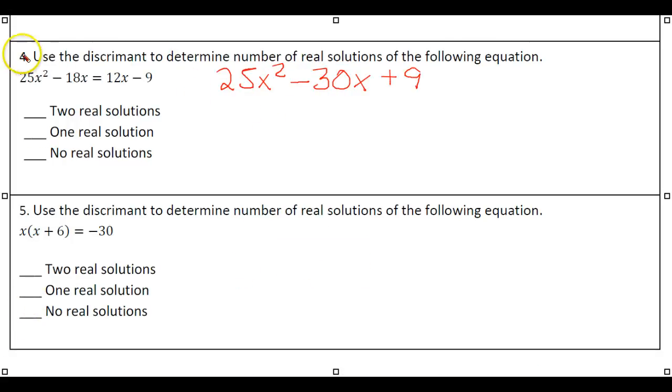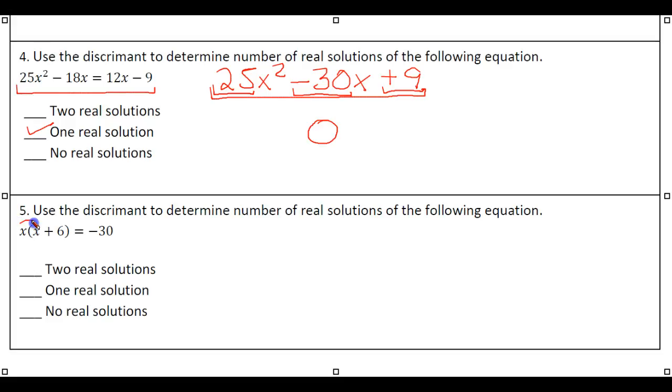Now for number 4, you had to put this in standard form so you can identify your A, your B, and your C. Once you did that, interestingly, this comes out to be 0. If your discriminant is 0, we said, then there's only one real solution.